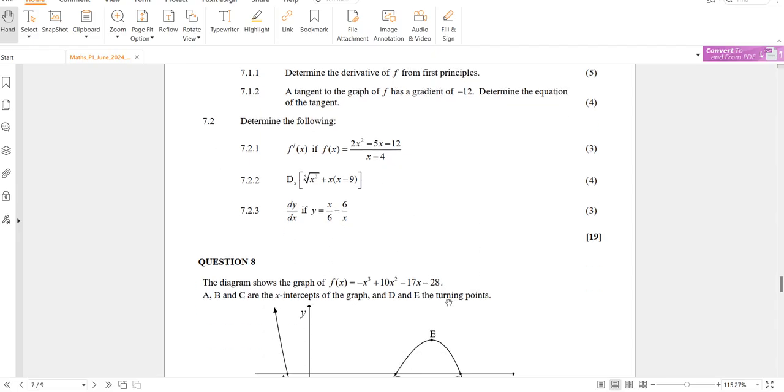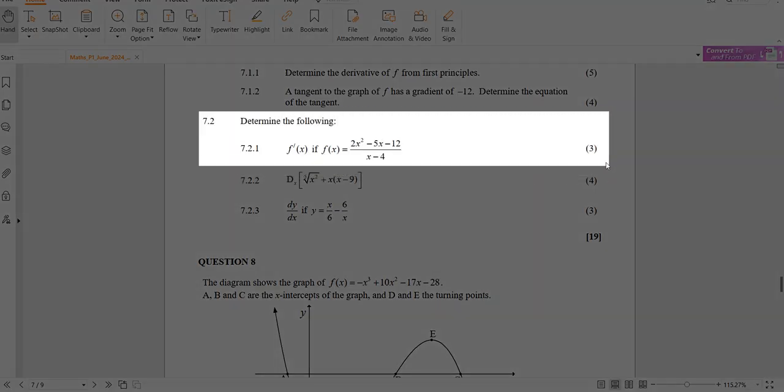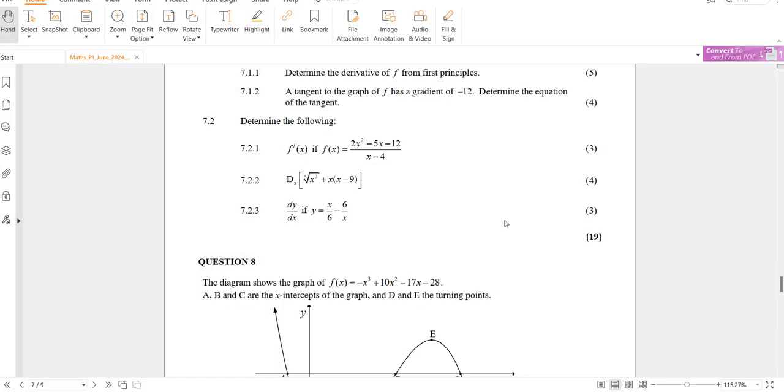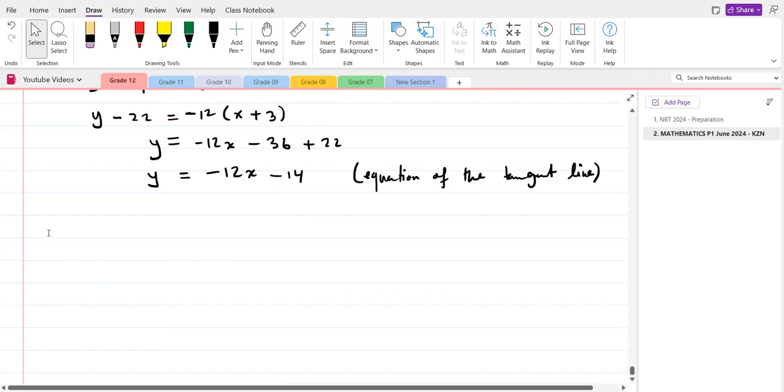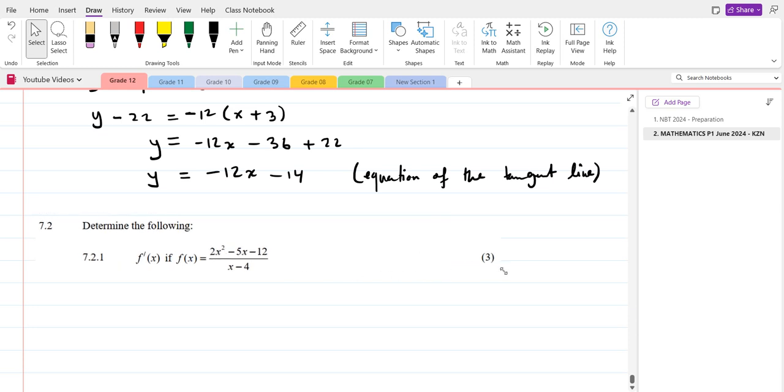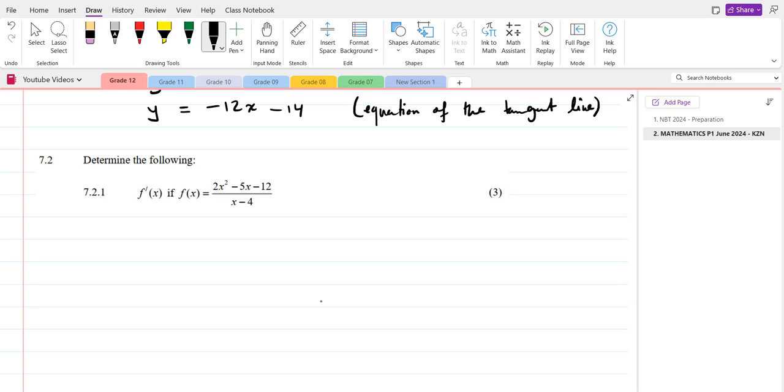Right, so let's see, 7.2.1. Now we want to find the derivative, right? We're going to find derivatives using rules. Now this denominator gives it away because we need to factorize this. So f of x is equal to, obviously you're going to have 2x, x minus 4.